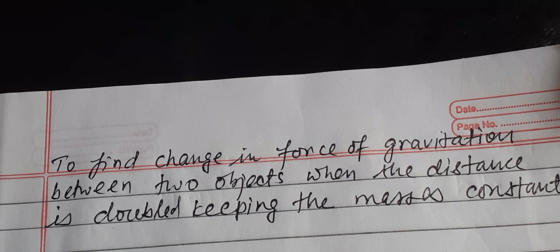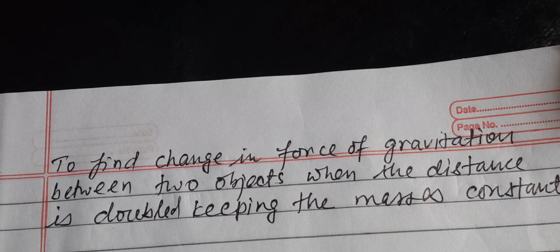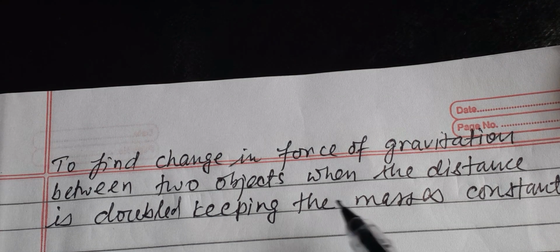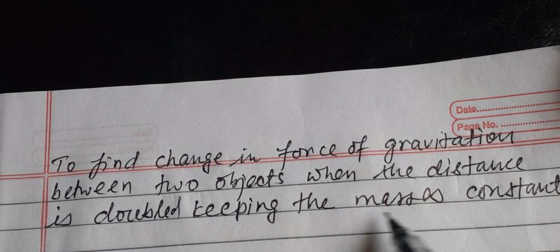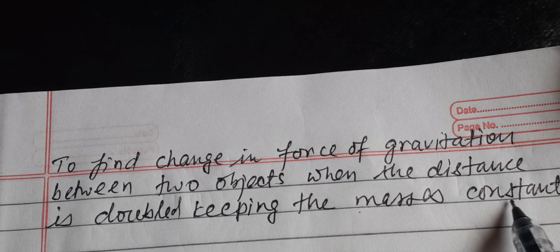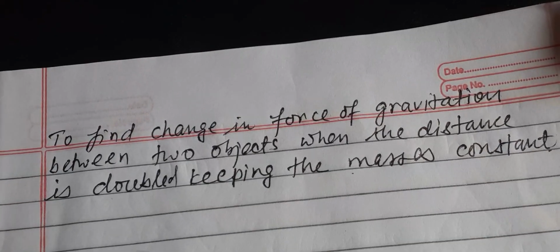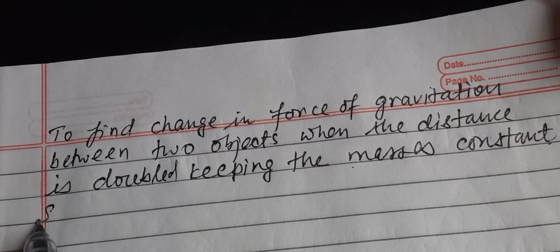Then what change occurred in the force of gravitation when the distance is doubled, provided that masses are constant? Okay, we solve this in this way.